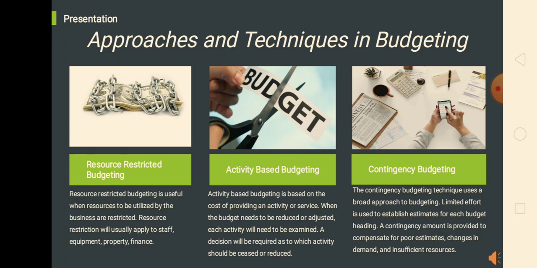The last one, the contingency budgeting technique, uses a broad approach to budgeting. Contingency nga, no? Limited effort is used to establish estimates for each budget heading. A contingency amount is provided to compensate for poor estimates, changes in demand, and insufficient resources.